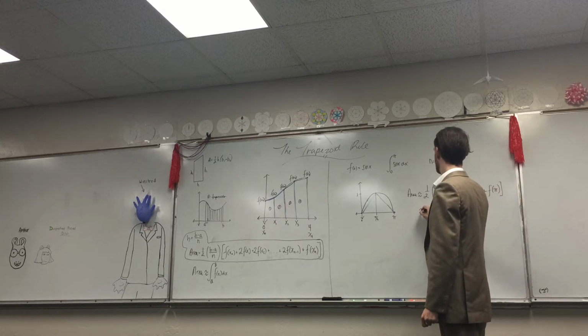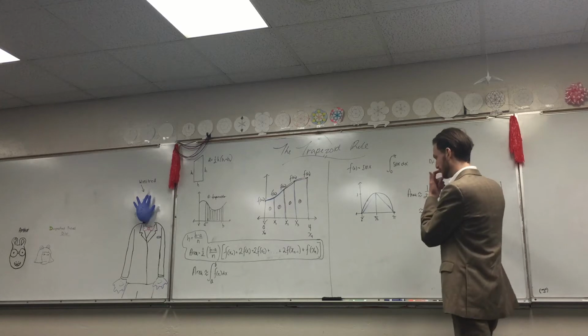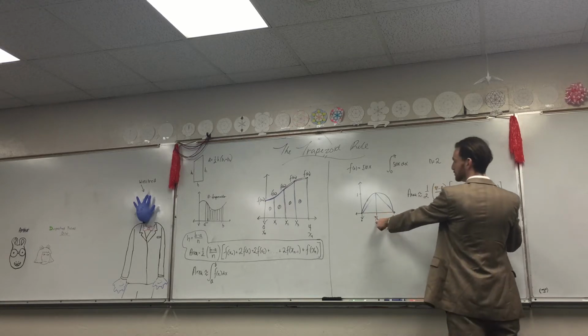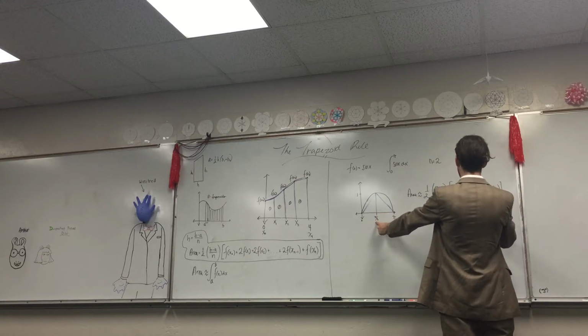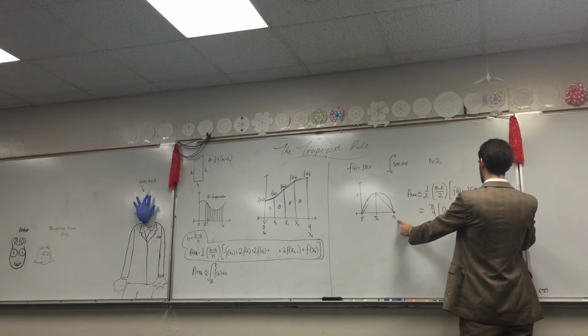Okay. So simplifying, we have pi over 4. And then what's f of 0? 0. And then we have 2 times f of pi over 2, which is 1, plus f of pi, which is 0.